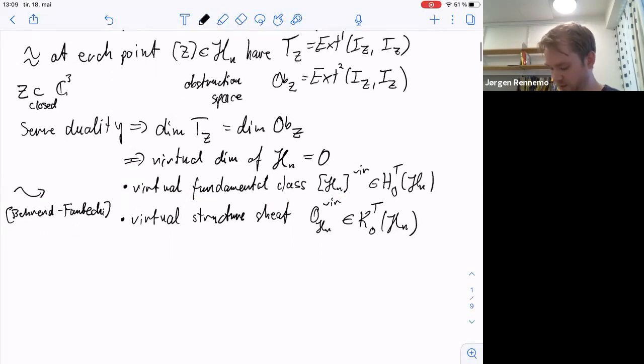The thing we're looking at today is slightly more refined, a different type of invariant, the K-theoretic Donaldson-Thomas invariant.